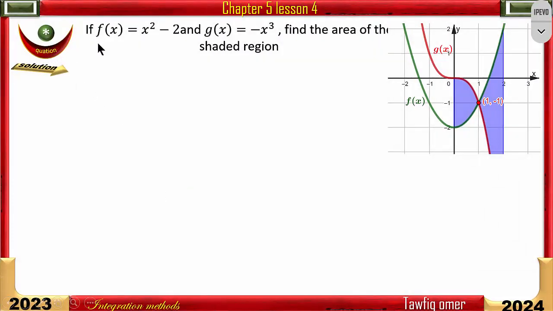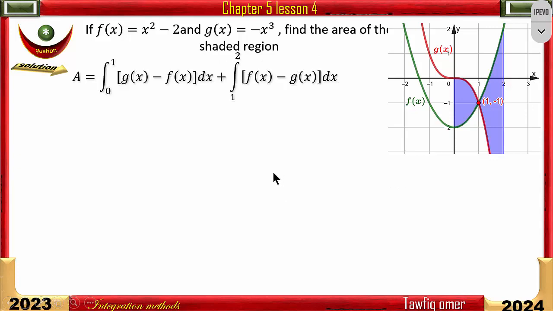Question: if f of x is equal to x squared minus 2 and g of x is equal to minus x cubed, find the area of the shaded region. As you can see, we have two intervals, one from 0 to 1 and the second from 1 to 2.